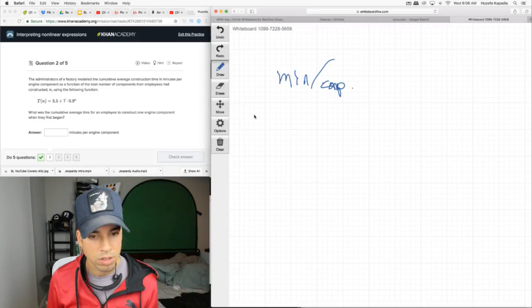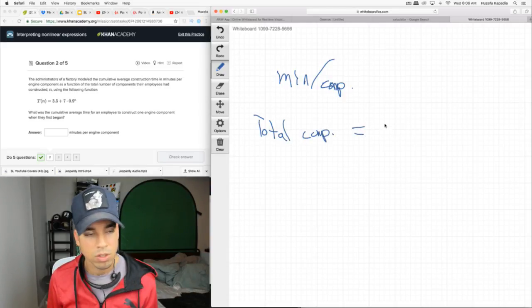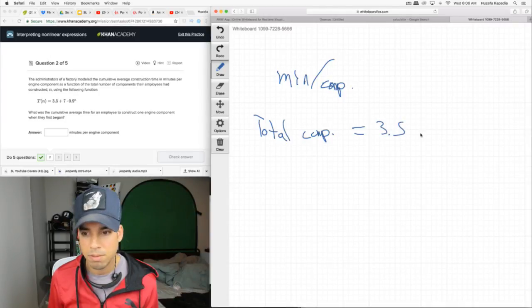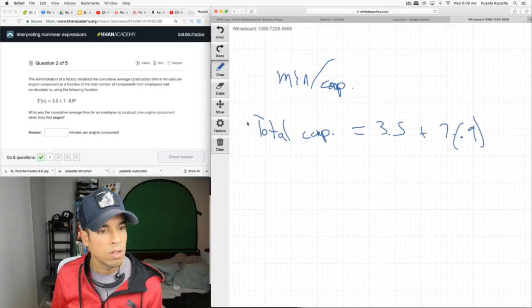So this is the number of components, and the equation is 3.5 plus 7 times 0.9 to the n power.